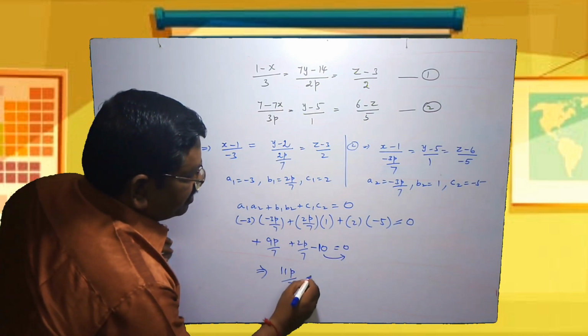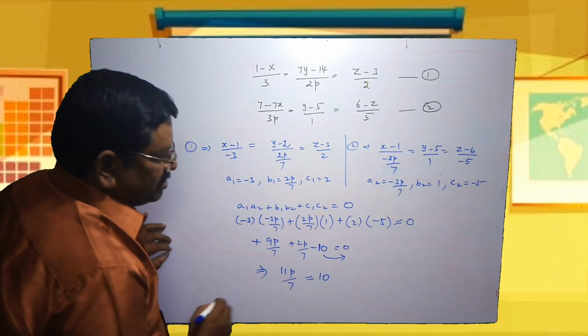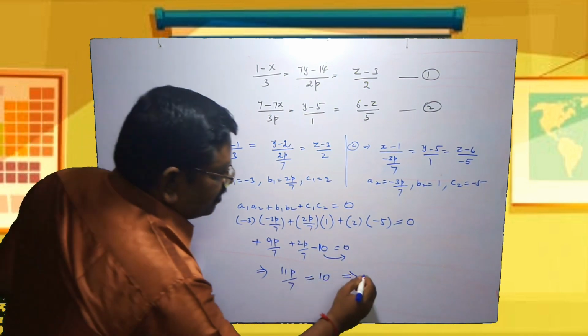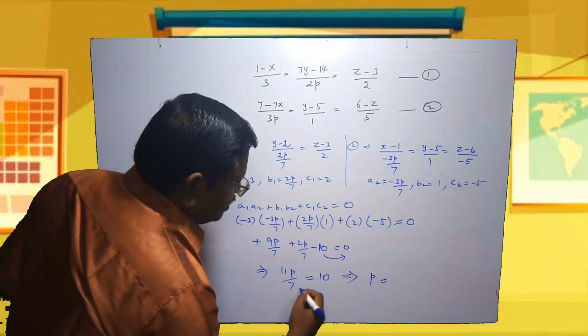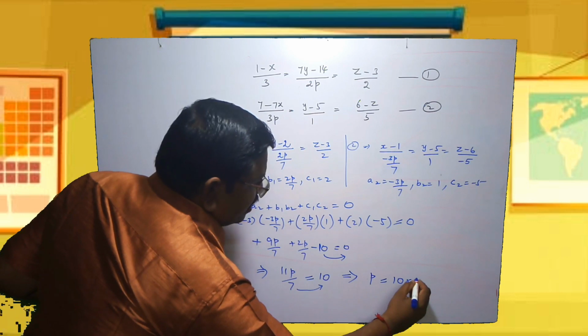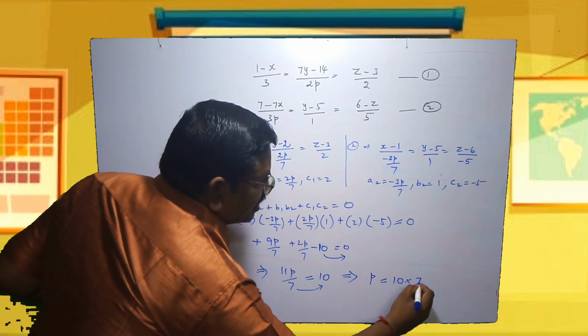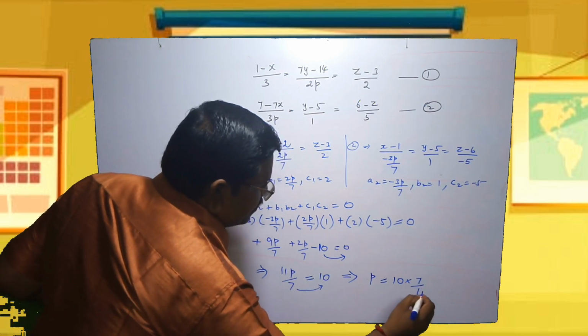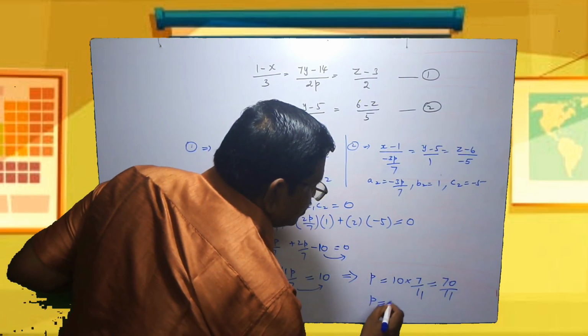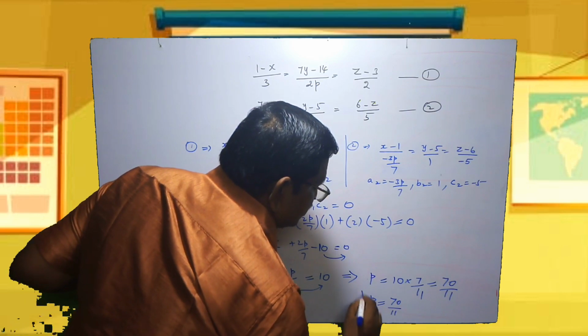I take this minus 10 to the other side, so it will be changed to plus 10. Now I have 11p by 7 is equal to 10. I need only p, so I take these constants to the other side. 11 by 7 will be written upside down as 7 by 11. It is equal to 70 by 11. So the value of p is equal to 70 by 11.